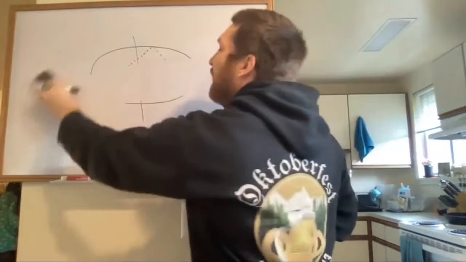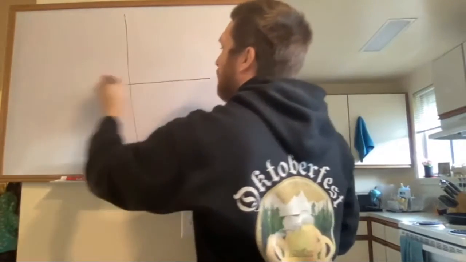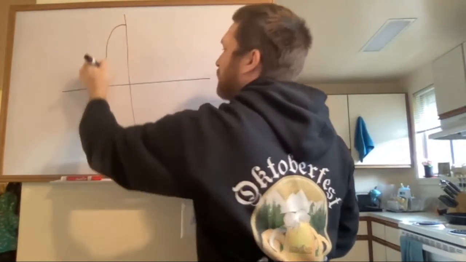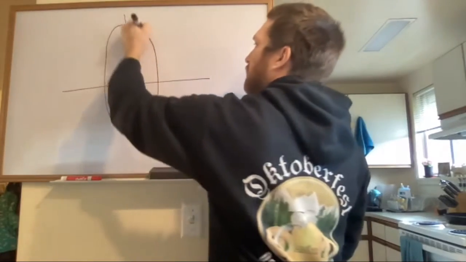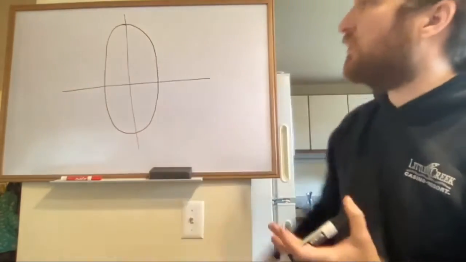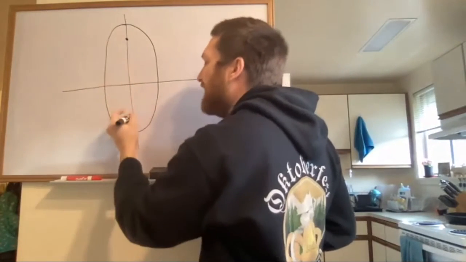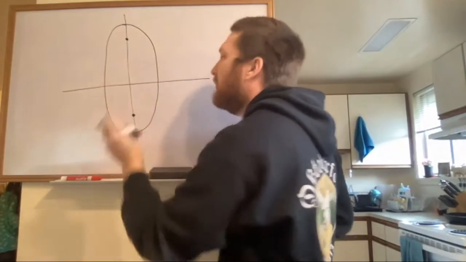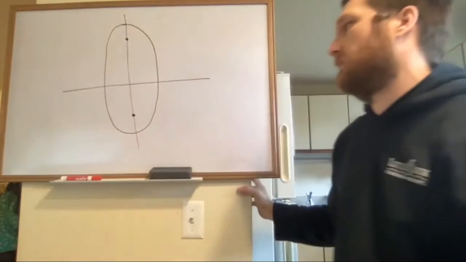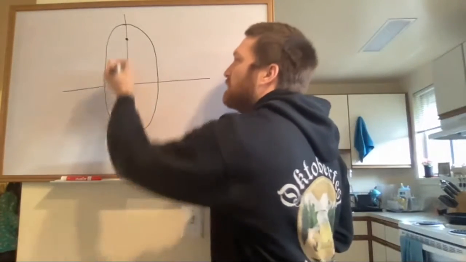But if we had another ellipse that was bigger in the vertical direction, and we're going to see plenty of these, so don't worry about this, the foci occur, again, on the major axis, but in this case, the major axis is the vertical axis. And there's a nifty little formula you could use to find where these points would be.